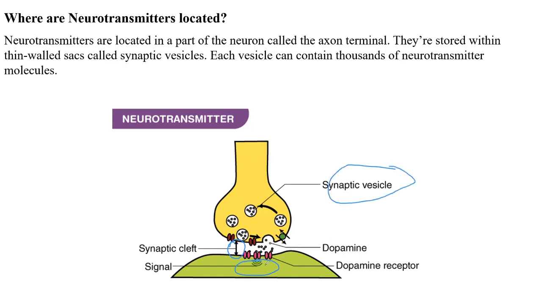So when the sensation is received, suppose you touch a hot kettle, what will happen at that time? Neurotransmitters will get released. Here dopamine is getting released. Dopamine is a type of neurotransmitter. It will get released in the synaptic cleft. So this is where the neurotransmitters are located.